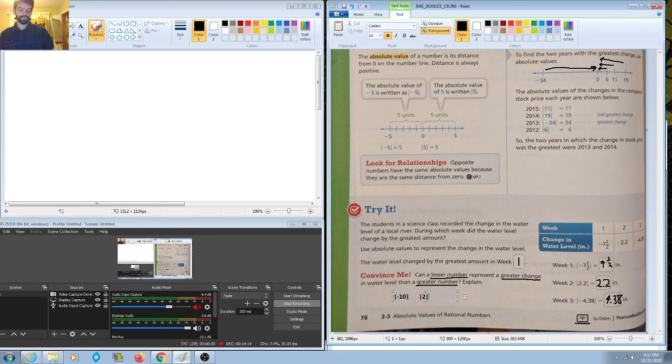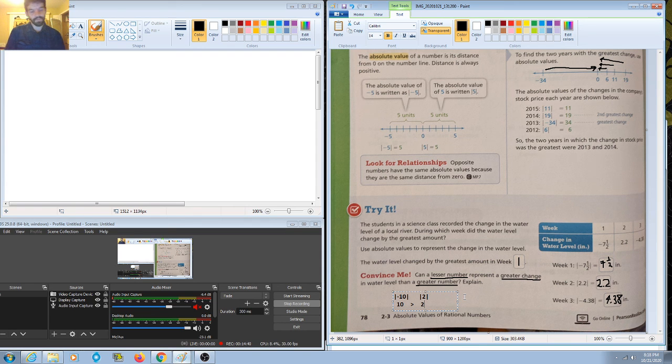However, if you take the absolute value and represent the change in water level with those values, the absolute value of negative 10 is 10 and the absolute value of 2 is 2. And this will be a situation where the lesser number can represent a greater change because its absolute value is greater than the absolute value of the greater number.